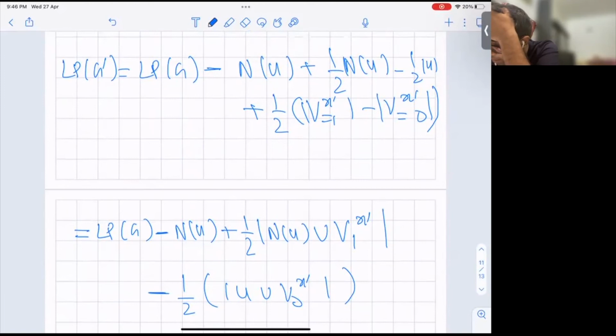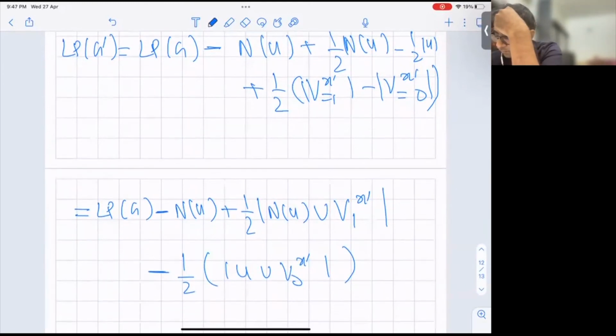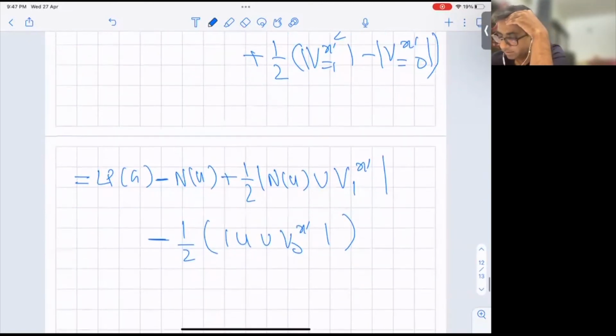Now I'm clubbing N of U with V1 of X prime, half of this and half of this, and I'm clubbing minus half with minus V0 of X prime. Is that okay? But then we are done.